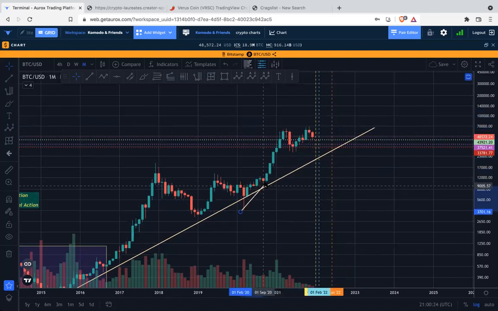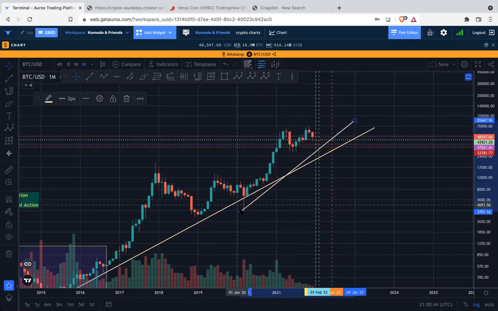So if we take this 0 to 2 trend line, it's been broken, right? So now we're finding our 0 to 4 trend line. So where is our 0 to 4 trend line going to be? Okay, that's the question. Where is the 4 going to end? Oh, sorry, not 0 to 4, but we have our 0 to 2. It's being broken. Now we're trying to find 2 to 4.